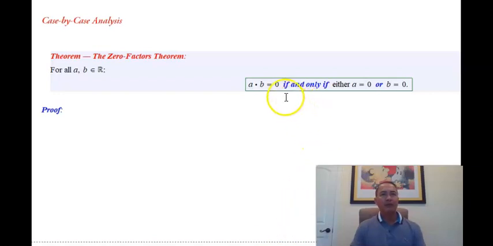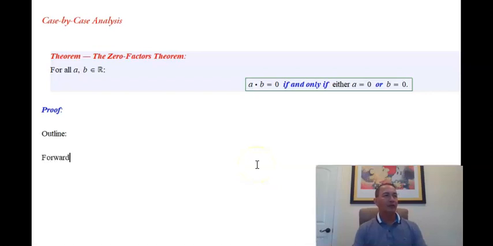So, this problem is more complicated because of this phrase in the middle, if and only if. So, when we prove something which says if and only if, it means it's twice the work. There is a forward direction and there is a backwards direction. Okay, so let's do an outline.